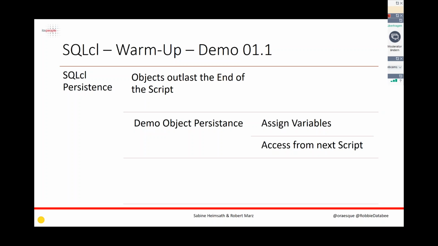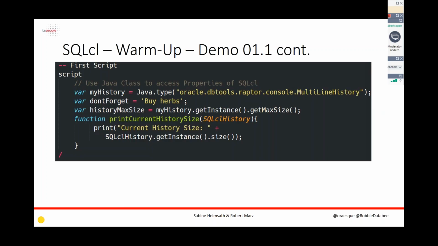You can declare a variable and assign a value, and then the script is finished, and at some point later in time you can use that variable again and it will still hold that value. This can be very tricky if you're not expecting it, but it can also be very useful. It completely depends on what you're going to do with it. We're going to show it in a little demo, and I think on the next slide there's the code.